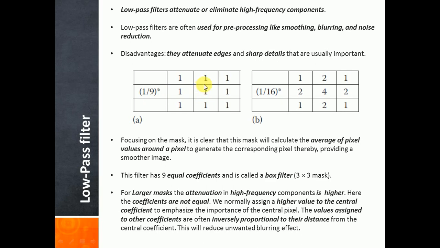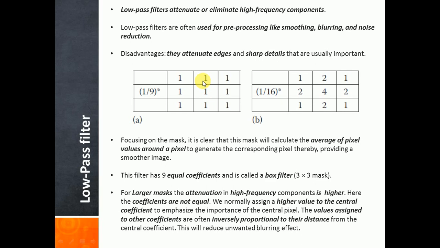When you pass the image through this and get the output image, effectively you are smoothing it, but at the expense of getting rid of high frequency, it does attenuate high frequency components. It has a smoothing effect and does cause some noise reduction, but it does blur the image a little bit.